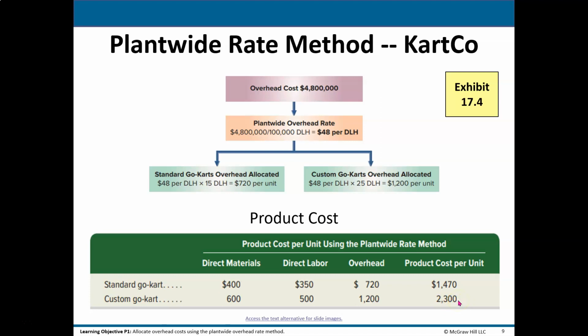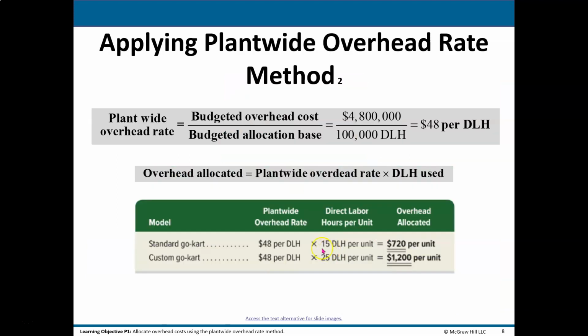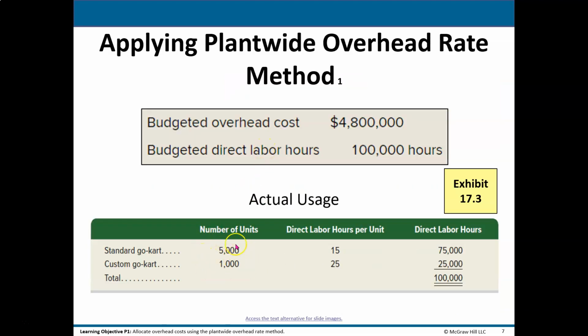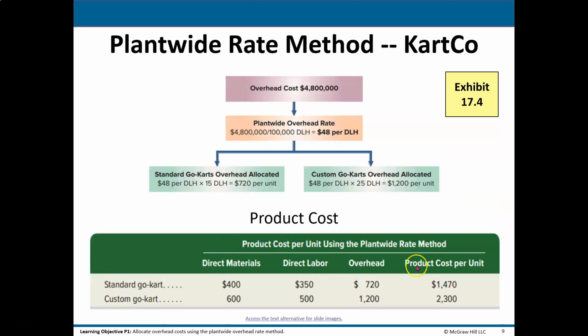Now again, why is that important? Because we have to determine what is the product mix, and as far as determining how many units we're going to make, then we have to figure out what is going to be our pricing, because we need to know the correct amount of overhead in order to determine the correct product cost per unit so that we can use some type of pricing mechanism, whether it's cost plus a certain markup, which we've already looked at in the previous chapter, or we can take the target cost method where we look at our costs and see, do they have to come down because we want to guarantee we can only sell it at a specific price.